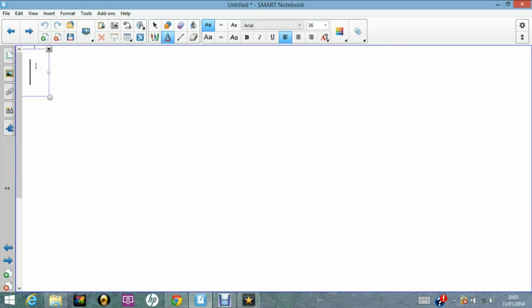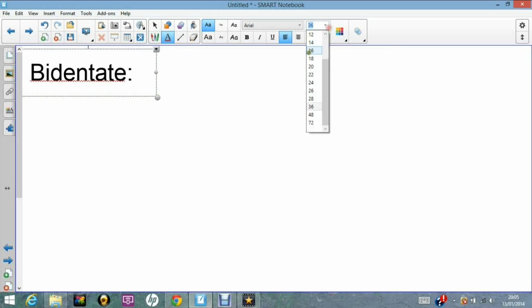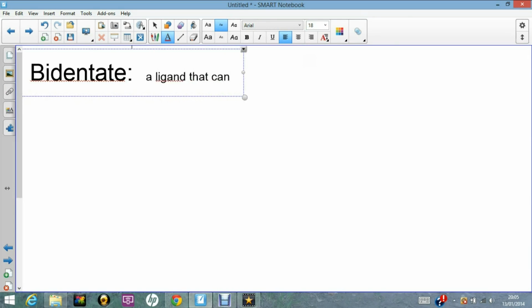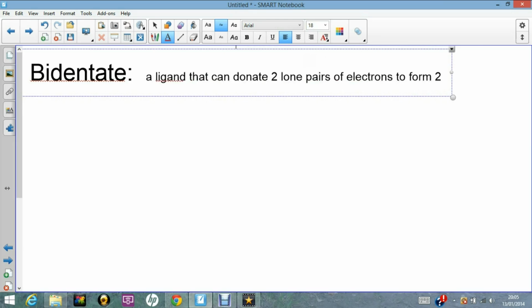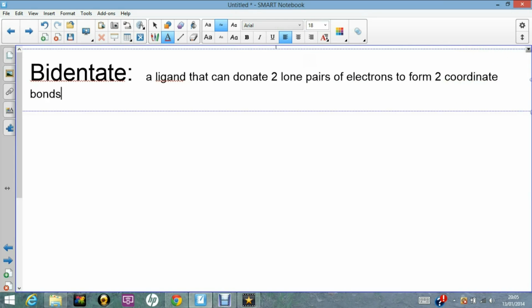Next, we're going to look at bidentate ligands. So following on from our definition of monodentate, what you would need to say for this is a ligand that's got 2 lone pairs of electrons, that would be 1 mark, to form 2 coordinate bonds.